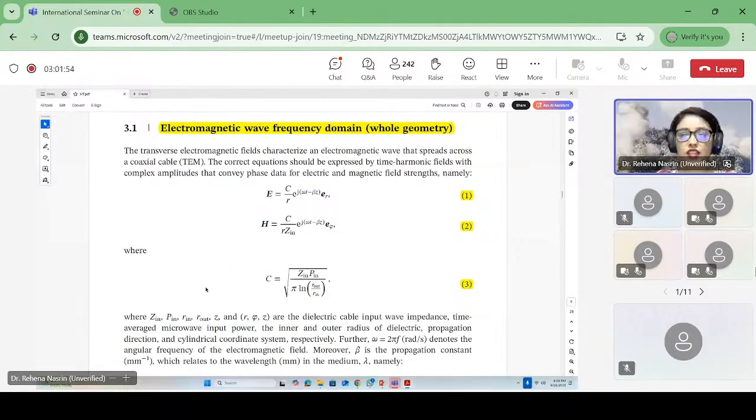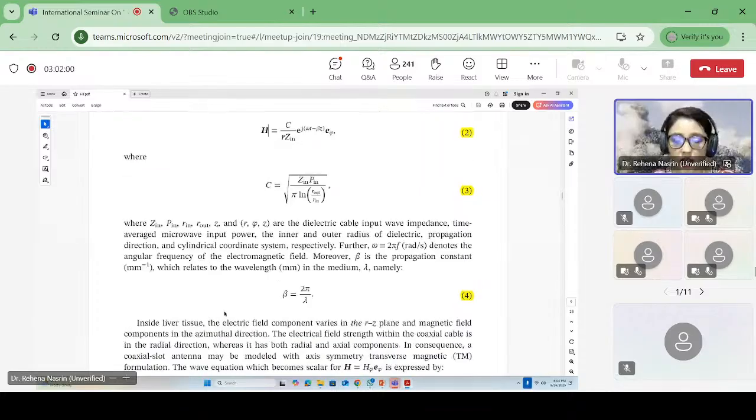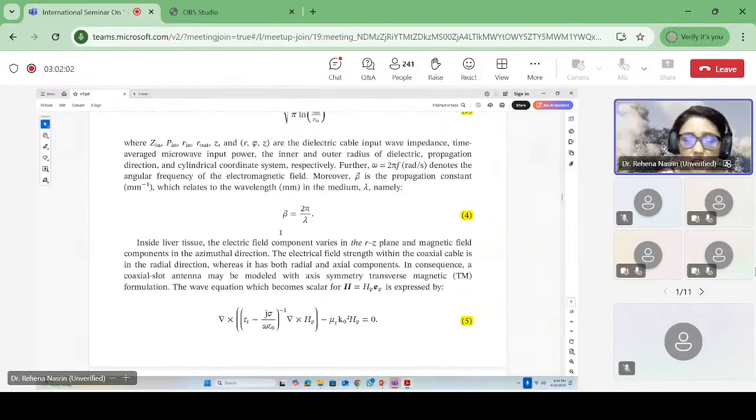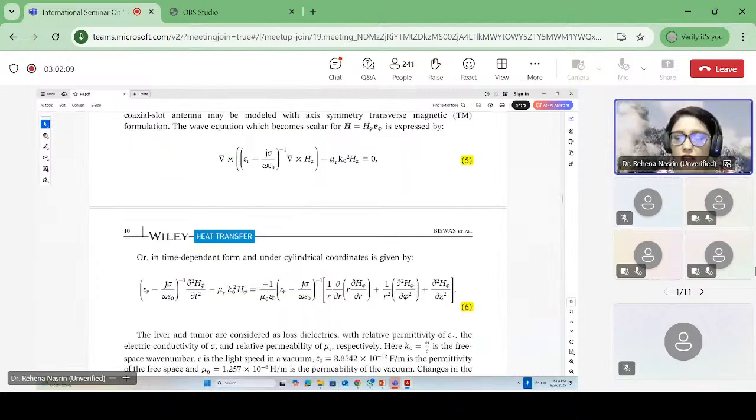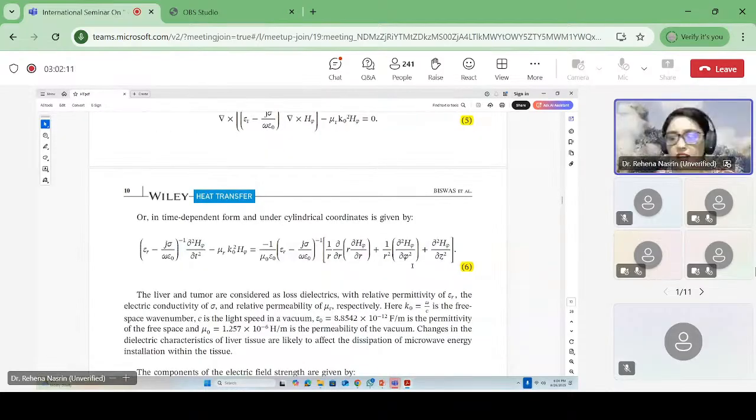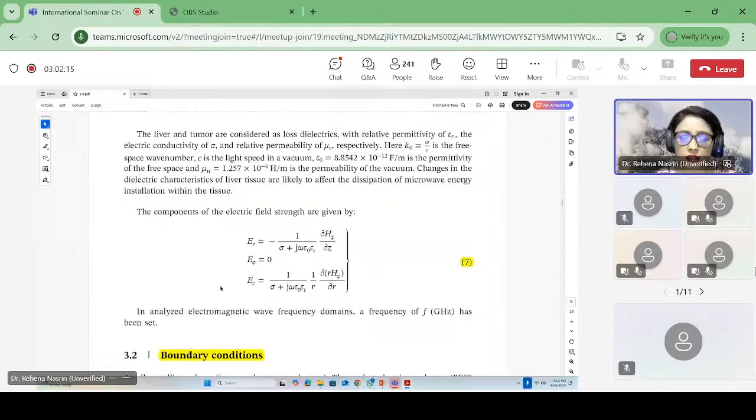So here electric and magnetic, both, the electromagnetic field we use as a physical model here, and equations 4, 5, all these are the equations we use here, and finally equation 6, and here also electric field strength is given by equation 7.